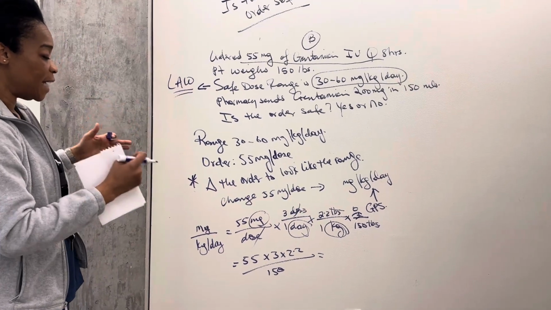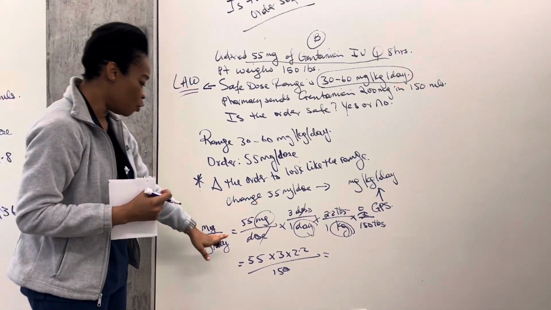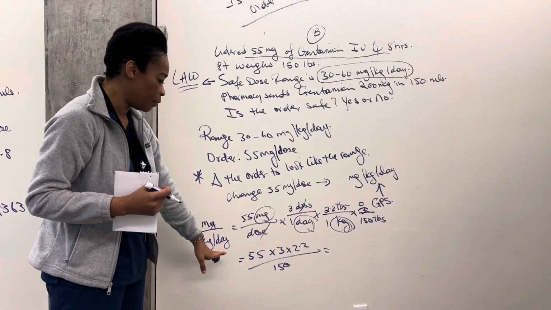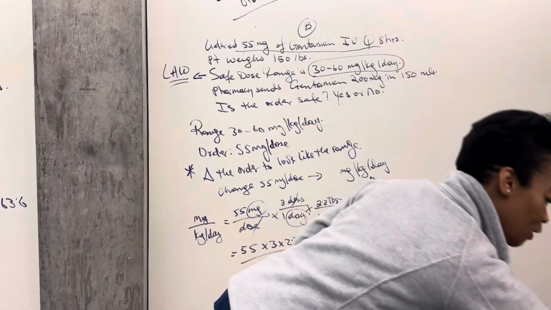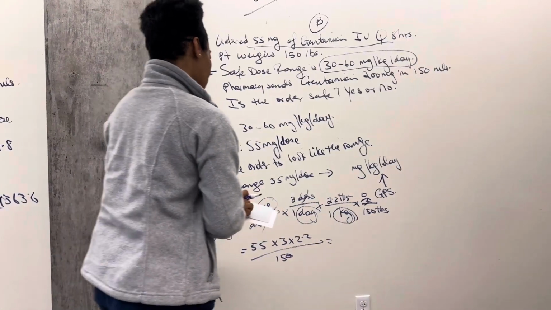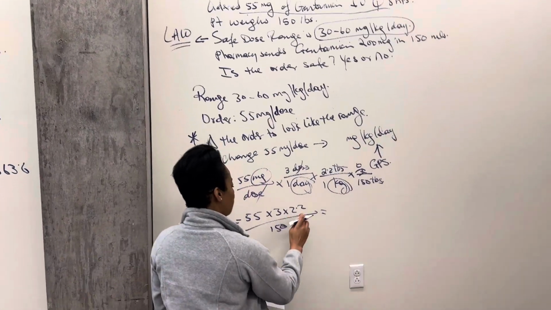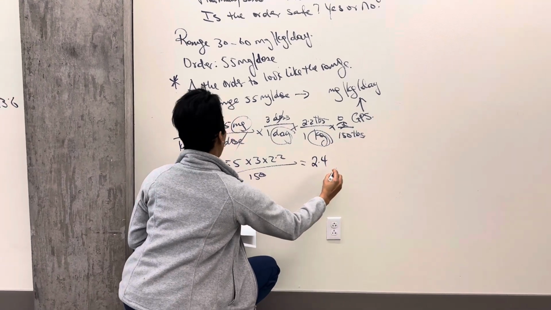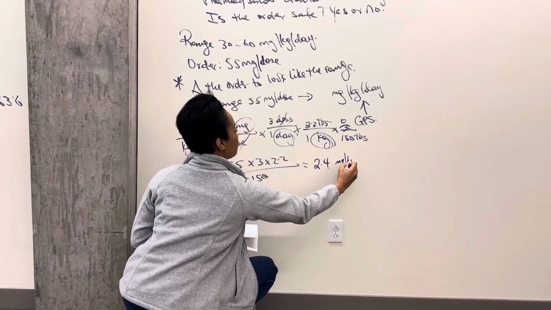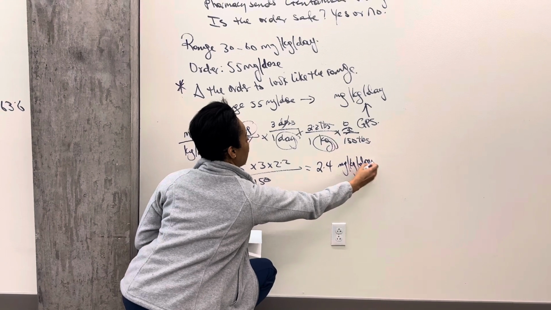The order is getting married, right? The new last name is going to be milligrams per kilogram per day. So we're changing the order. We set that up, and my new answer here, 55 times 3 times 2.2 divided by 160 is 2.4 milligrams per kilogram per day.